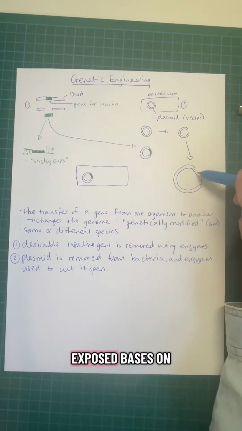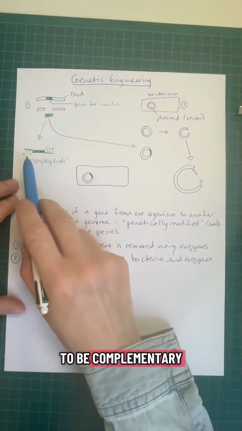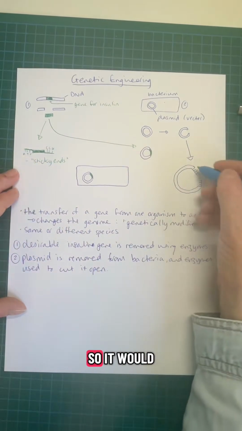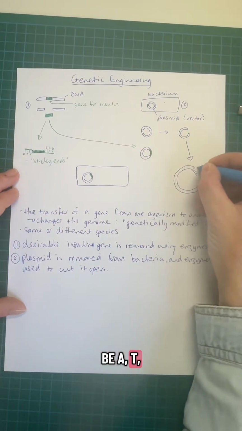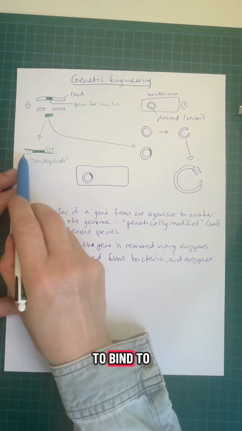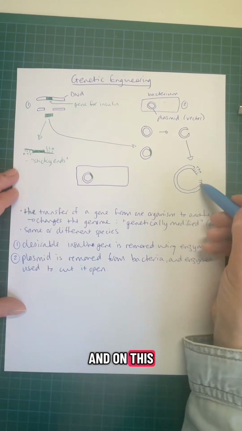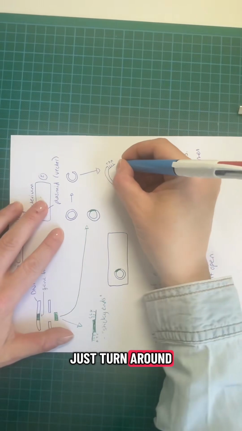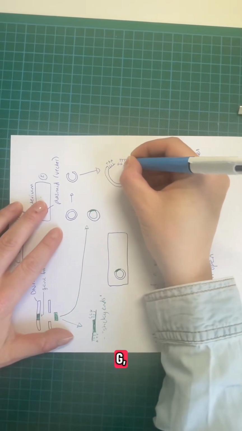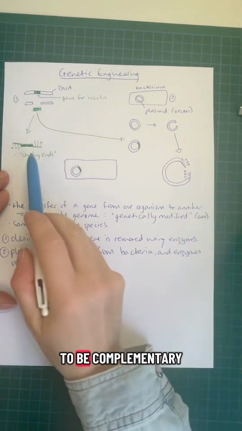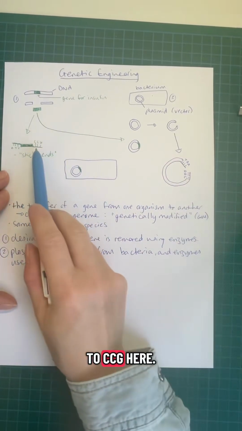So we've got exposed bases on the plasmid that are going to be complementary to the exposed bases on the gene. So it would be T, A and A, which is going to bind to A, T and T. And on this end, we're going to have, just turn it round, G, G, C, which is going to be complementary to CCG here.